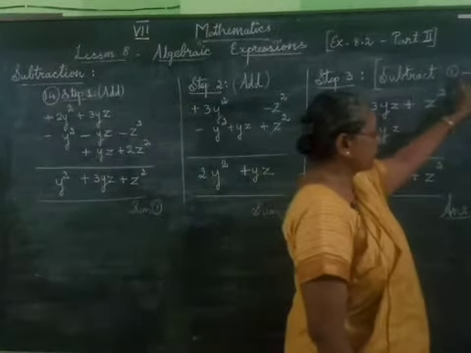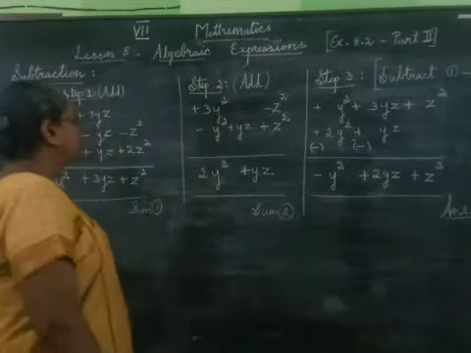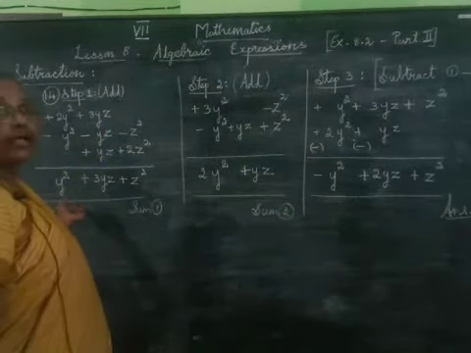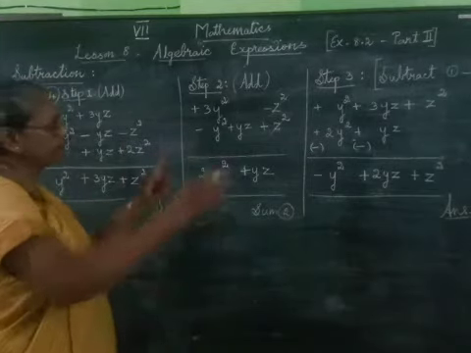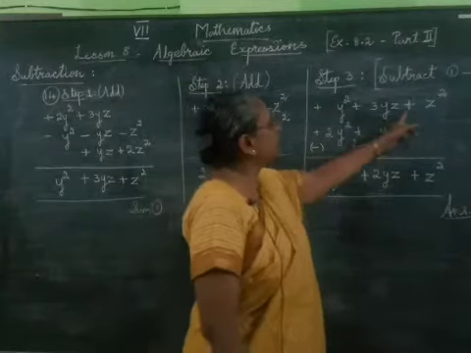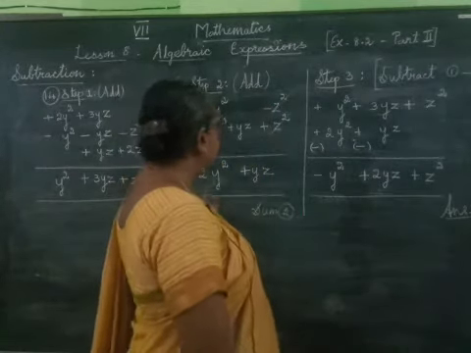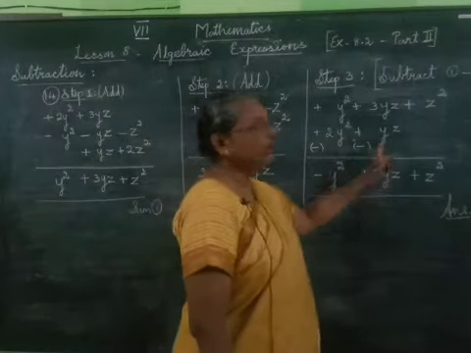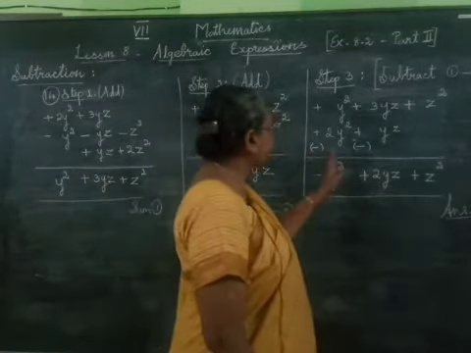So I have written it as 1 minus 2. From where we have to subtract, that we write first. So I have written here on top, plus y² plus 3yz plus z², and the second expression will be plus 2y² plus yz. We are going to subtract, so change the sign of the second expression.